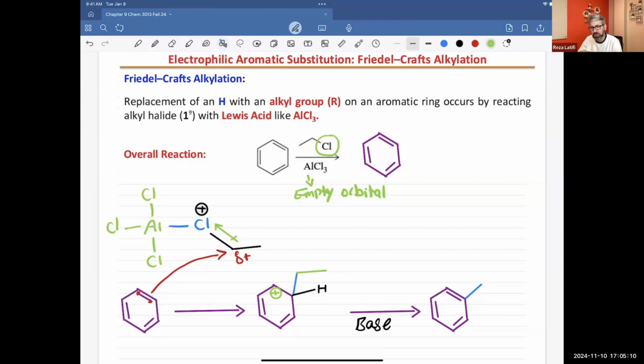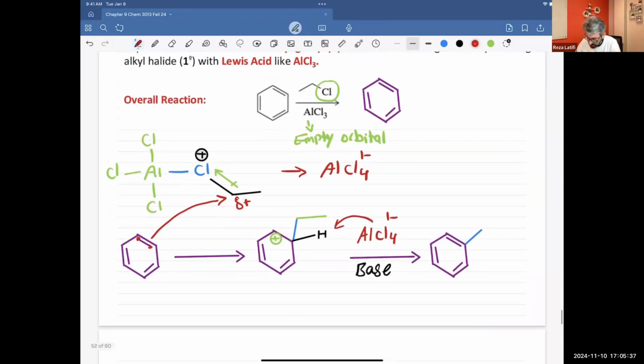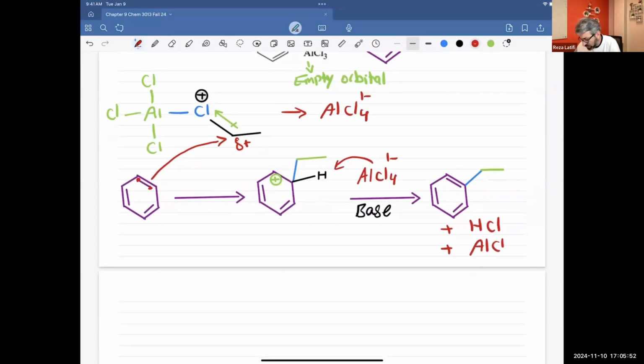So we can restore the aromaticity by taking H from the ring, and the one that is going to do it for us will be aluminum with 4 chlorides, because this one will have a negative charge. So this one will attack hydrogen, and after generating the alkylation product, we will get HCl, and next the aluminum with 3 chlorides.